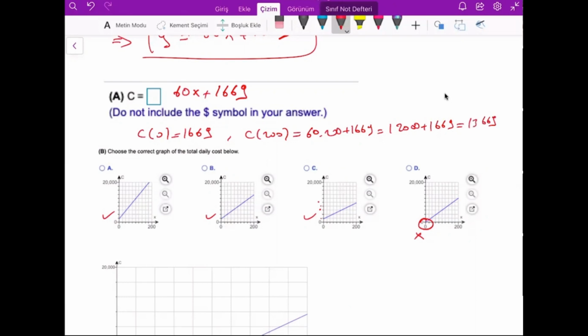So which value is correct? When this is 200, this is bigger than 3,000, so this is wrong. Here 1 2 3 4 5 6 7 8 9 10. So we need 13. 2,000, 4,000, 6,000, 8,000, 10,000.